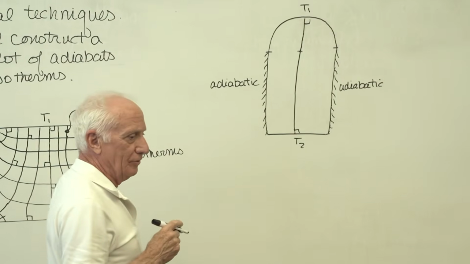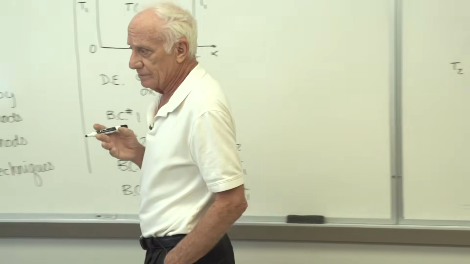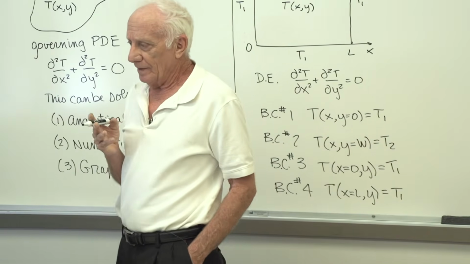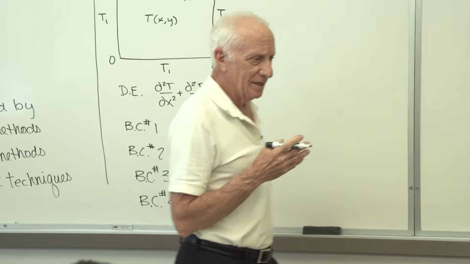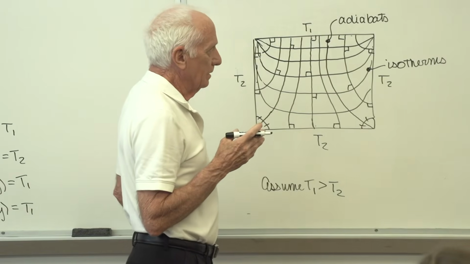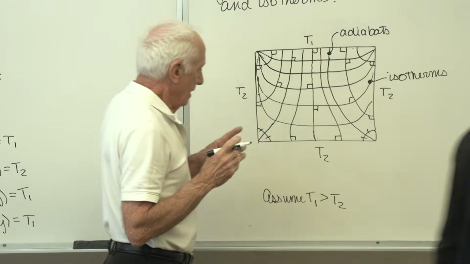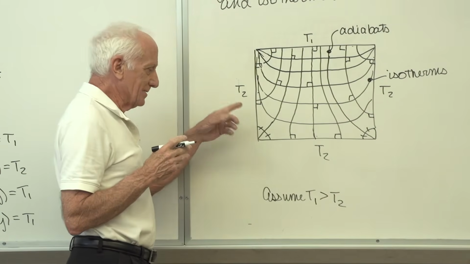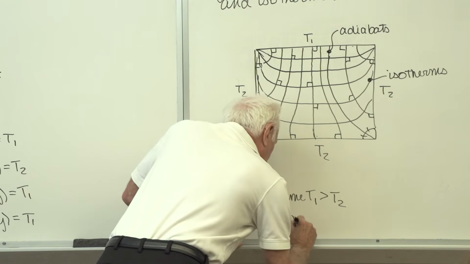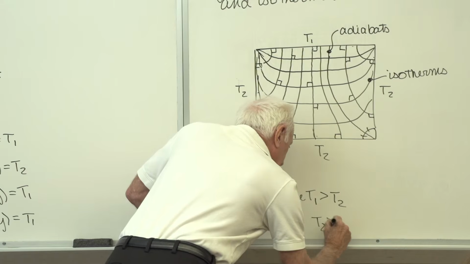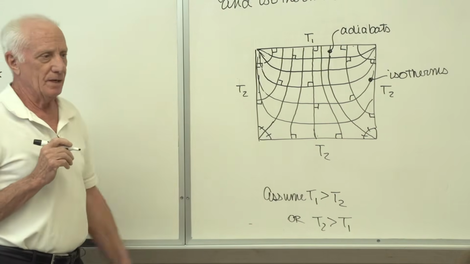Now, normally you have a choice. You can draw the isotherms first or the adiabats. Most people have a better intuition about which way heat flows than they do about the isotherms. Let me back up a minute. If I do this problem and the guy says, I made a mistake, I'm sorry, really T2 was greater than T1, I say okay, it's the same picture.